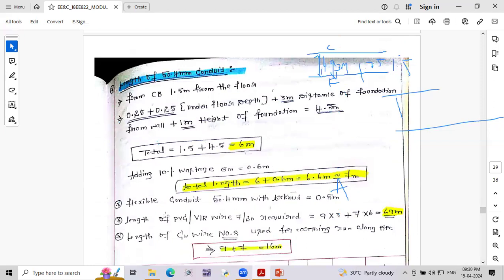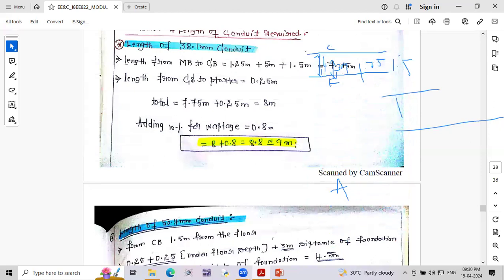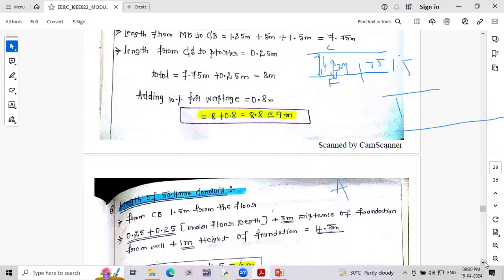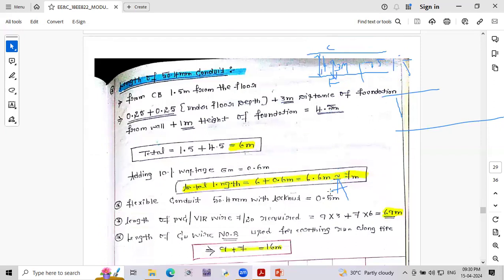Okay, flexible conduit 50.4 mm with lock height 0.5 meter, from ground level to the motor terminal box. Length of the PVC VIR wire 7.20 required, 9 into 3 because here 9 meters. 38.1 mm conduit 9 meter plus 50.14 mm 7 meters.